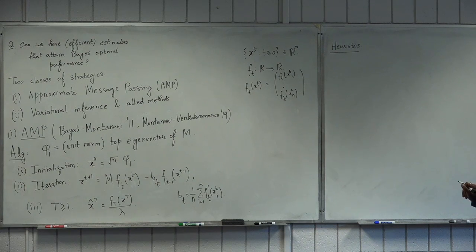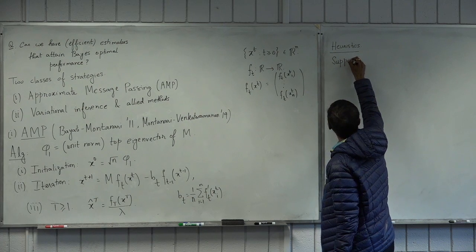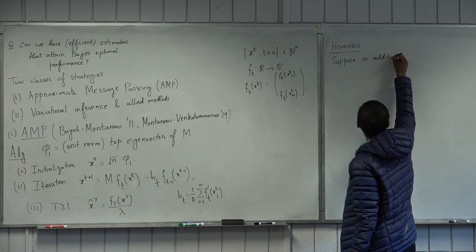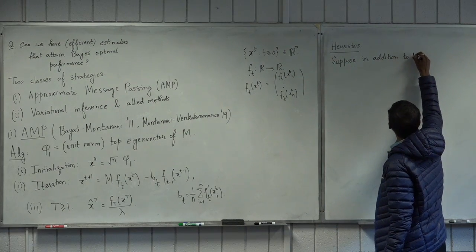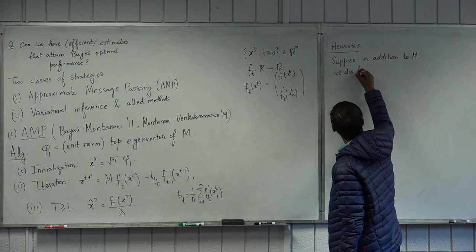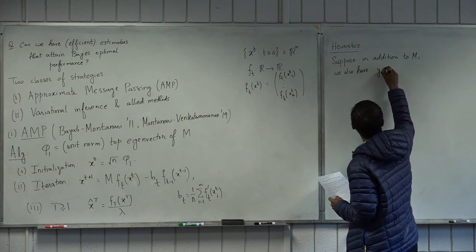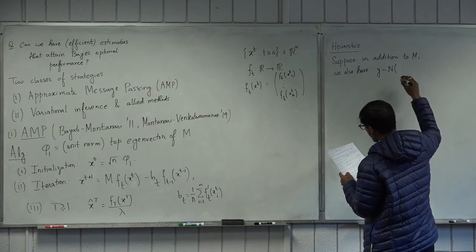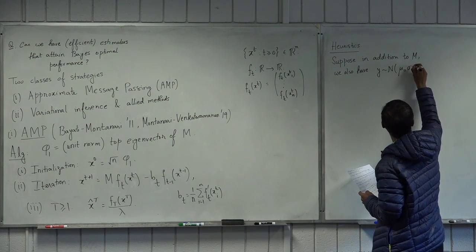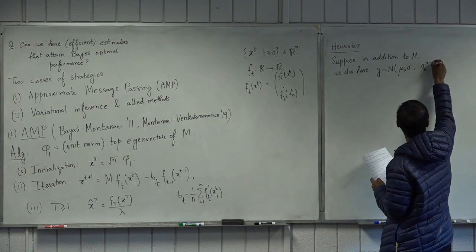So for the moment, suppose in addition to M, we also have a vector y, which follows a normal with a mean mu naught times sigma, and sorry for the conflicting notation, I hope this is clear.